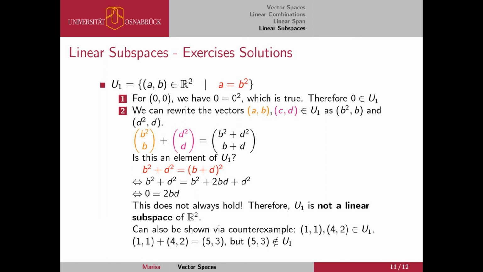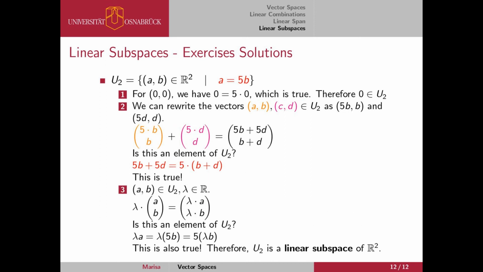And now we can stop with this example here because we already showed that U1 is not a linear subspace of R2. Let's move on to the second exercise. Here you can see the solution for U2, where you had to check whether U2 is a linear subspace of R2. And I will also go through this with you together and explain all the steps.